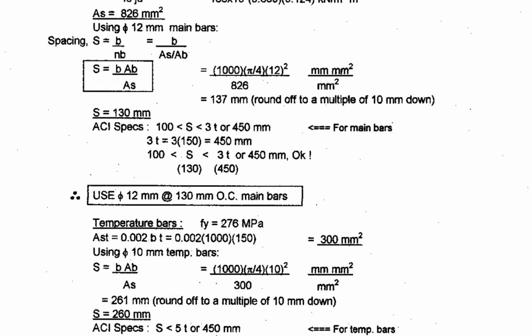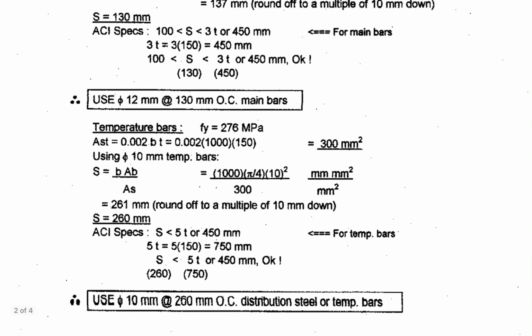So you have the spacing should be greater than 100 but less than 3T. Where your spacing is 130, then your thickness is 150, so your 3T is 450. So therefore 130 is greater than 100 but less than 450. So therefore you can use your spacing of 130 millimeters.